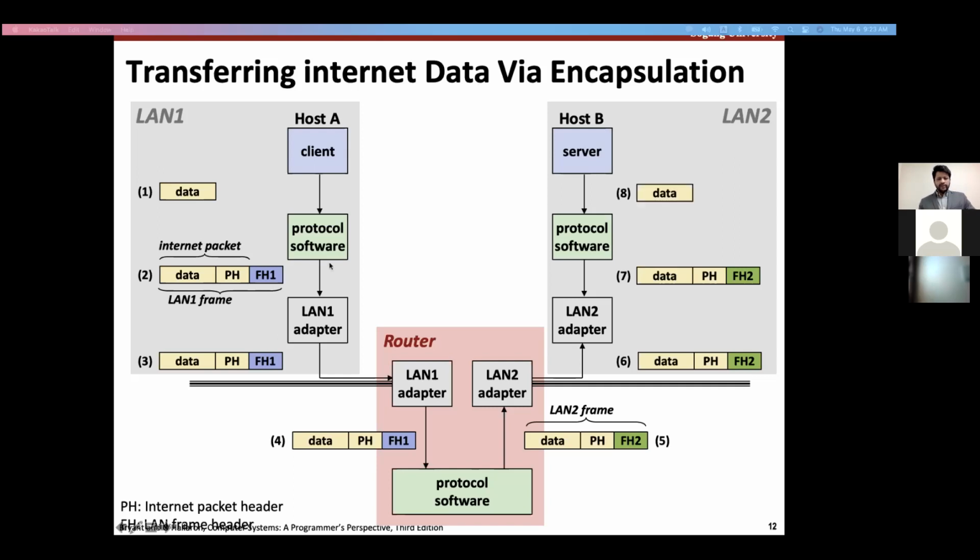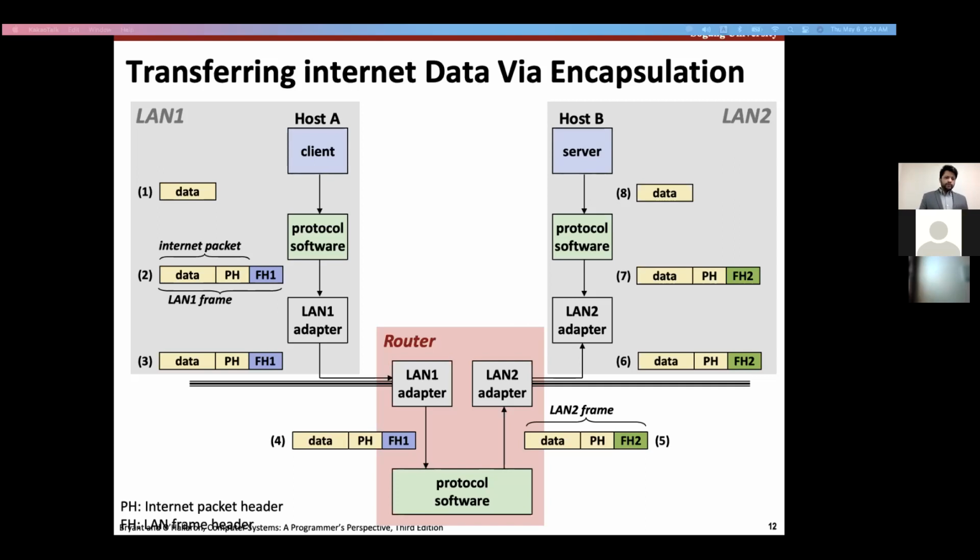And finally, the protocol software on host B unboxes the data. It strips off the packet header and the frame header, and eventually copies the resulting data into the server's virtual address space when the server invokes a system call to read the data. That's how the whole transfer of data over the internet is carried out through a router.